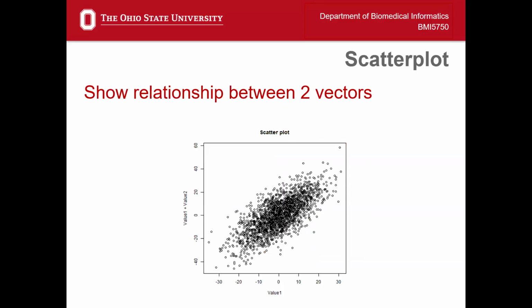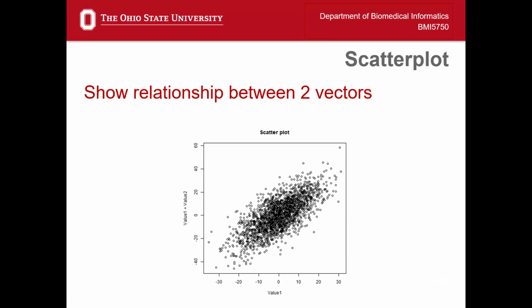So this is our second plot type. It's a scatter plot. We've seen these a lot. We're trying to show a relationship between two lines of data, between two vectors. We have an X value, here it's value 1. And we have a Y value, which in this case was made as value 1 plus value 2. So there is clearly some sort of relationship here.